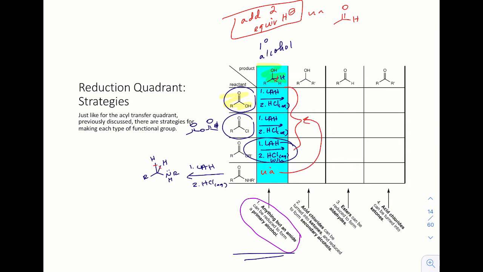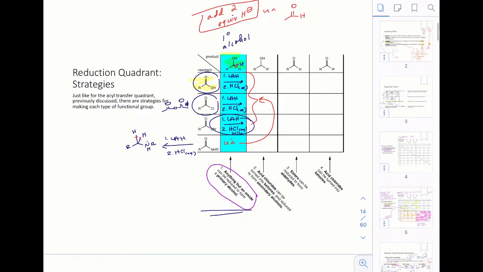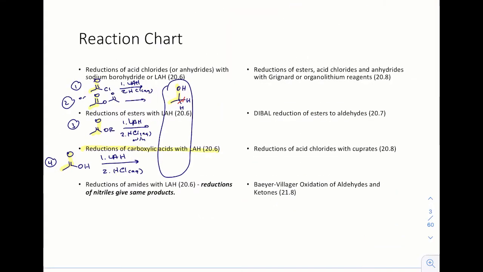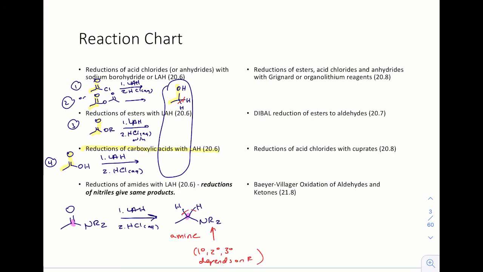You can review the acyl transfer grid to figure out the best way to do that. Moving right along, reductions of amides with lithium aluminum hydride generate amines. And whether it's a primary, secondary, or tertiary amine really depends on what the R groups are.